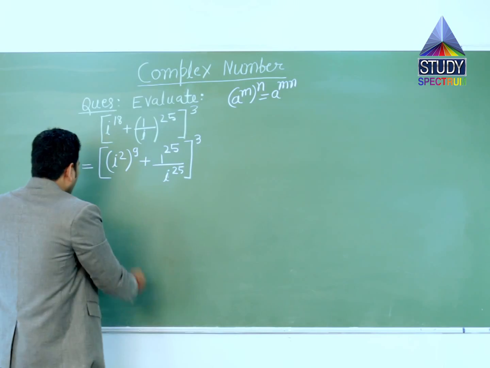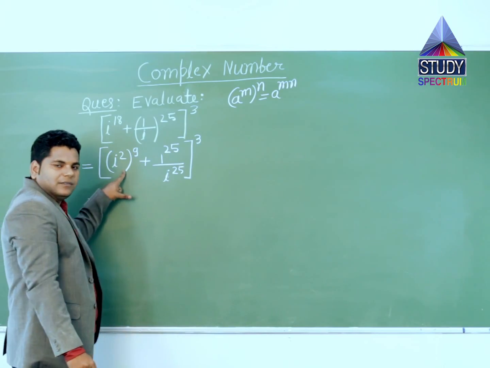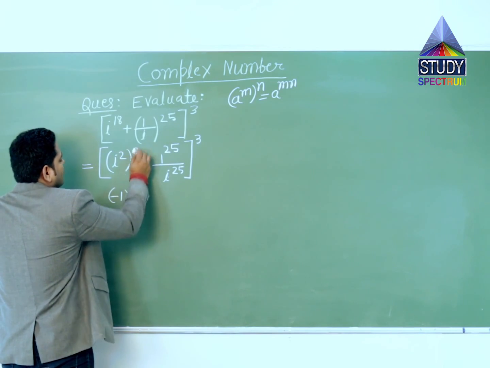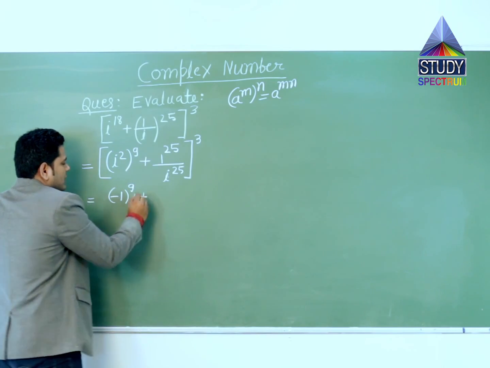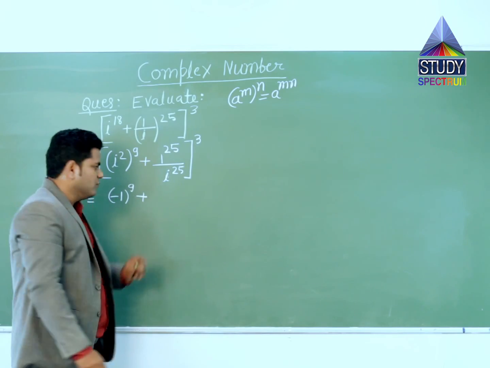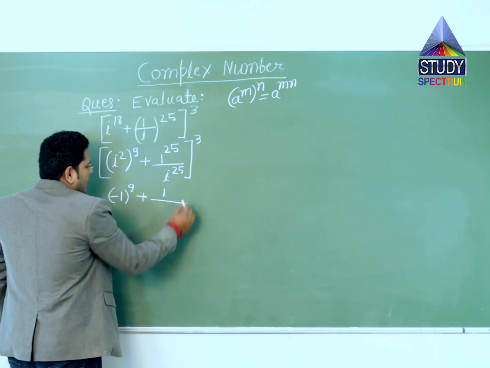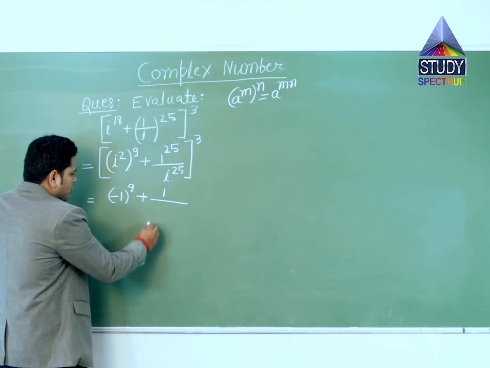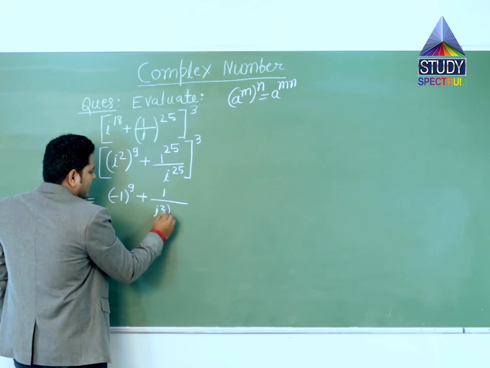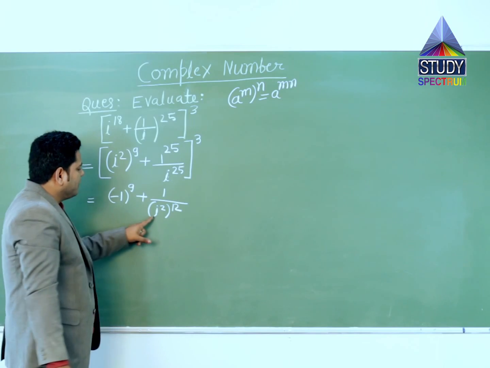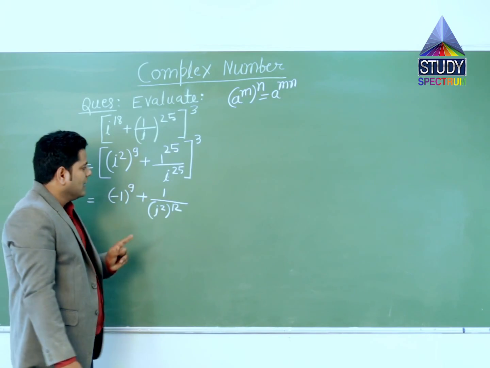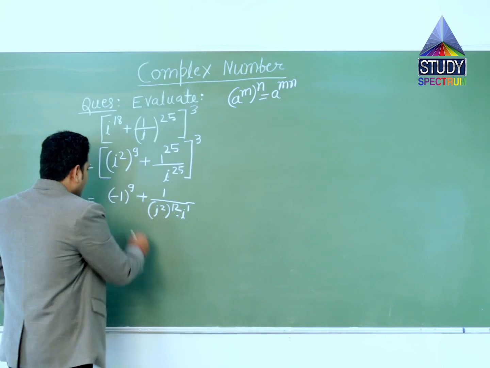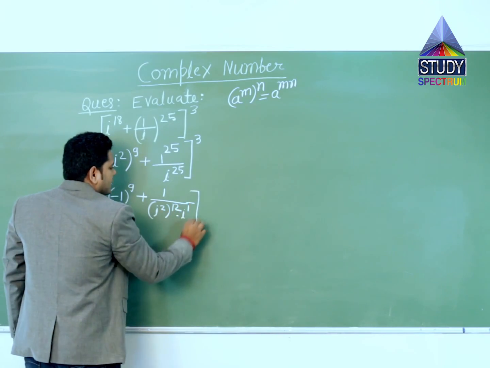Now i square is minus 1. So we have minus 1 to the power 9 plus 1 to the power 25 is 1 itself. And when you write 25 in terms of 2, you can write i square whole power 12, it means you have written i to the power 24 into i to the power 1. We have whole power 3.